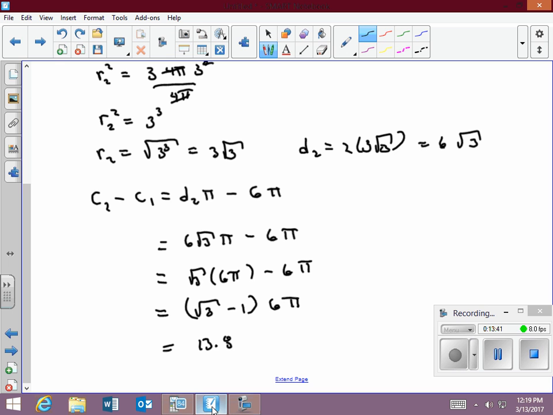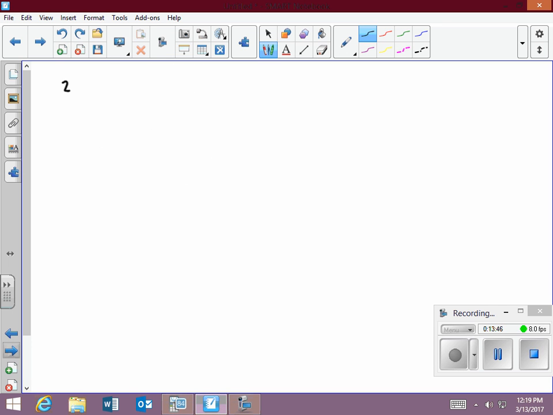So 26. Now this thing, to see what they're talking about, find the surface area of a regular octahedron with each length 4 square root of 3 centimeters.